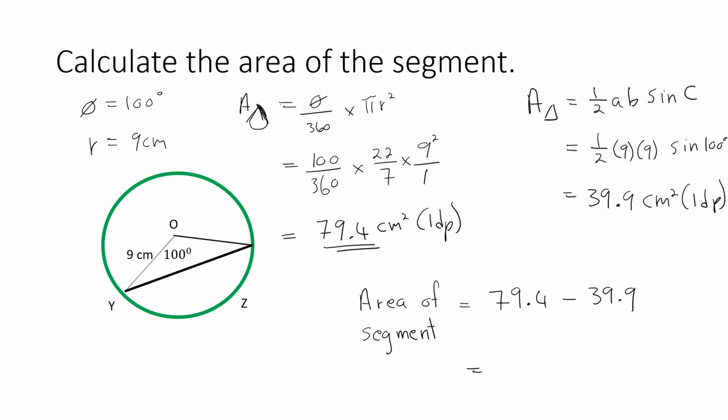And if you allow me to use my calculator here, 79.4 minus 39.9, I am getting 39.5 centimeters squared.